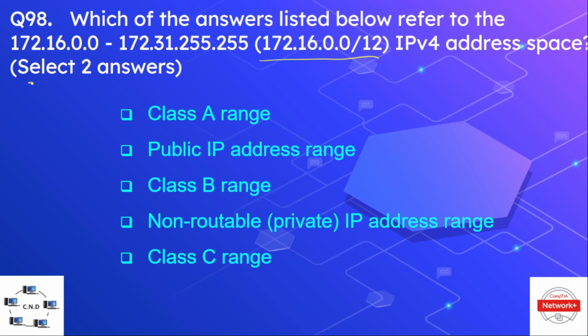And again we have to select two answers, and the options are class A range, option B public IP address range, option C class B range, option D non-routable private IP address range, and the last option is class C range. And the correct options are that it is class B range, and again it is non-routable private IP address range.